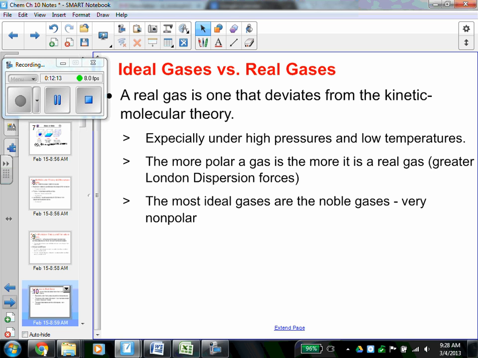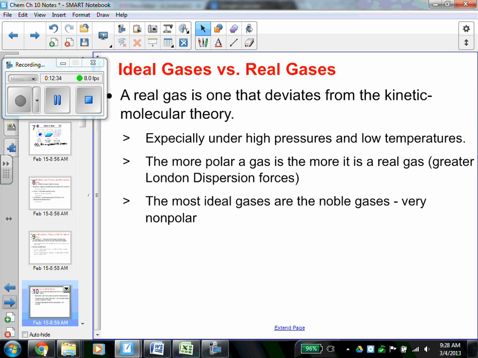If I can take a gas and slow it down, so the particles are moving very slowly, and I put it under very high pressures, I see that I have a gas that really deviates from the kinetic molecular theory. Why?